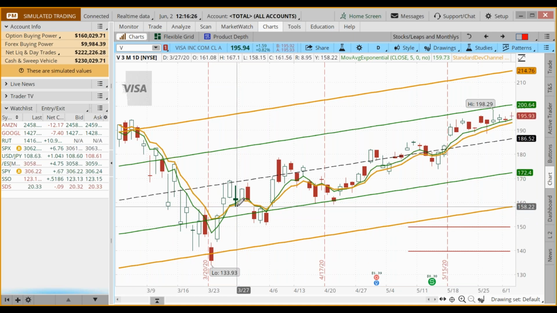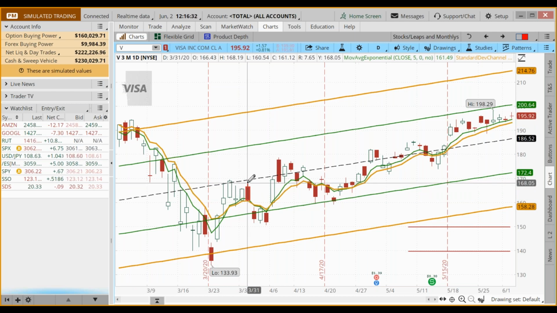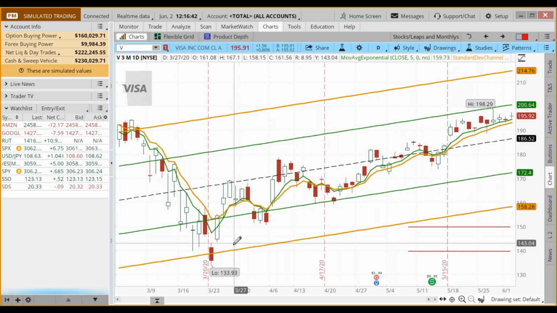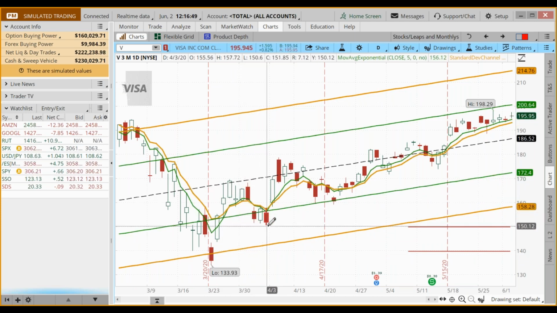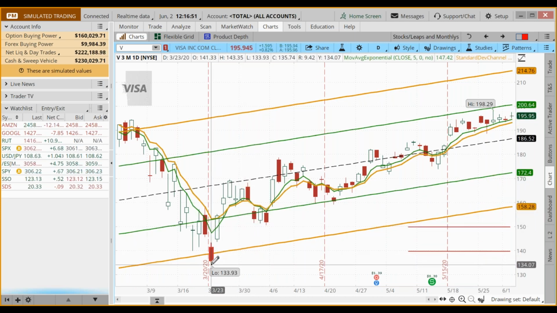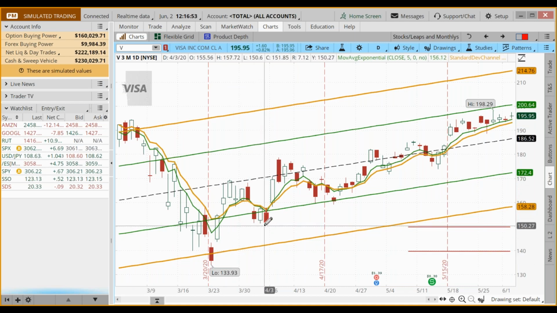Then it comes up here and makes a little bit higher high, but doesn't make a higher high for this one. It doesn't make a higher high for this one.